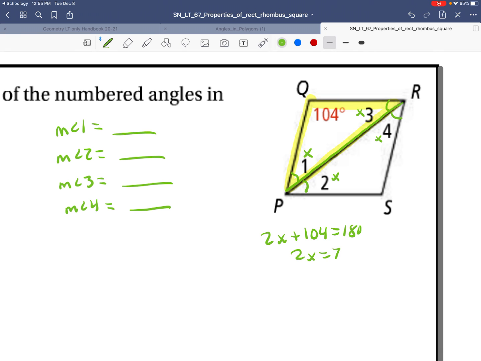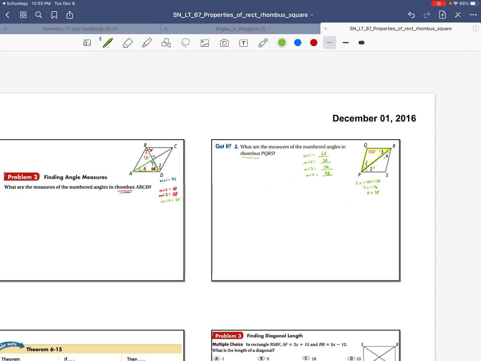So then I get 2x equals 76, and I divide by 2, and I get x is 38. So with x being 38, you can see that all 4 angles will be 38 because diagonals bisect opposite angles.